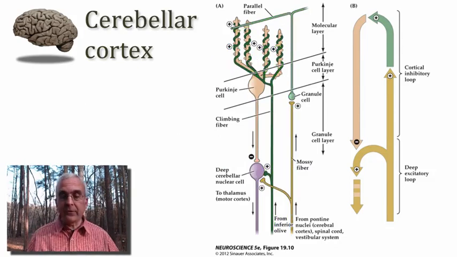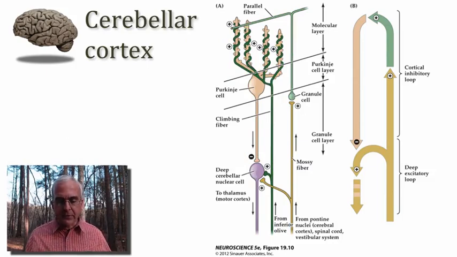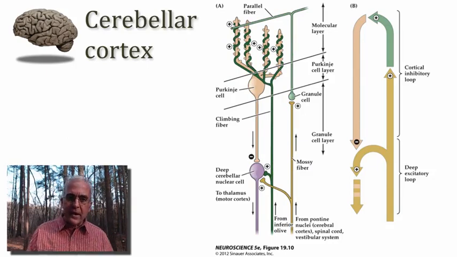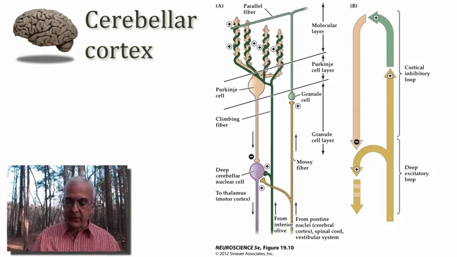But to put all this in action, I would suggest that we conceptualize these connections as consisting of a main excitatory loop and a cortical inhibitory loop that runs through the Purkinje neuron and back down to the deep cerebellar nucleus. So here's what I have in mind.